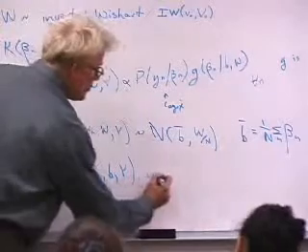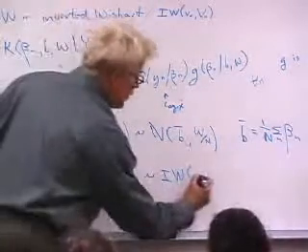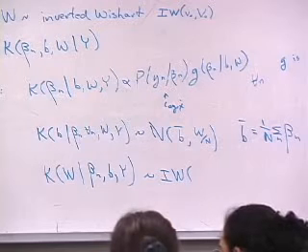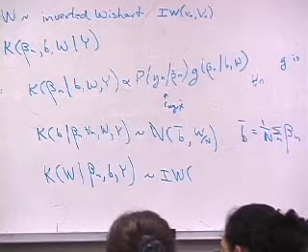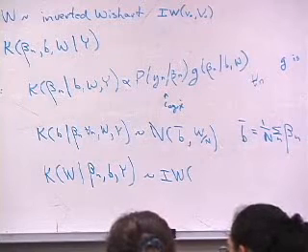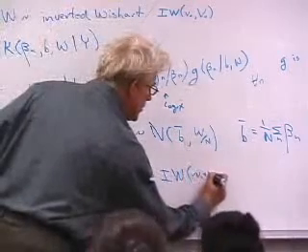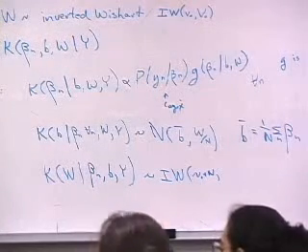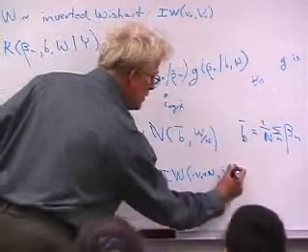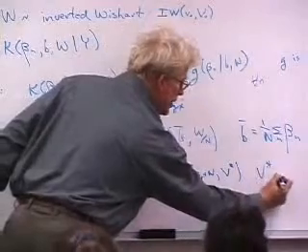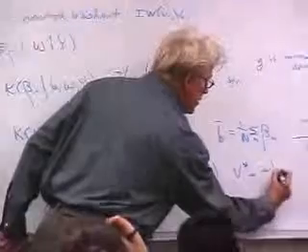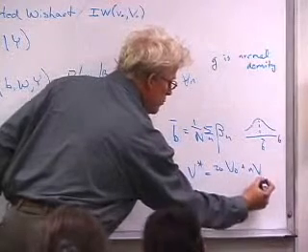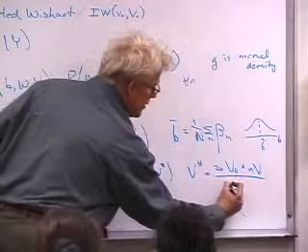And this is distributed inverted Wishart with V0 plus N degrees of freedom and a scale matrix, where our new V is now equal to the weighted sum of your prior V plus the V that you find in your sample, divided by this.